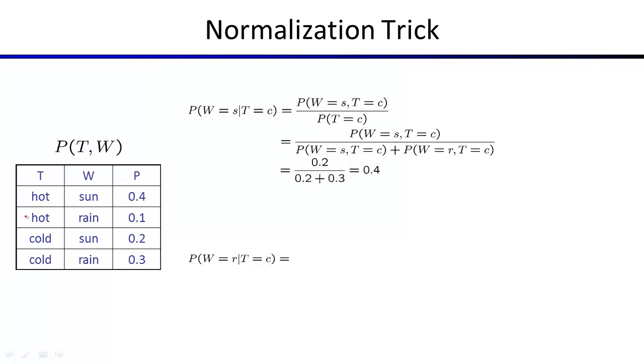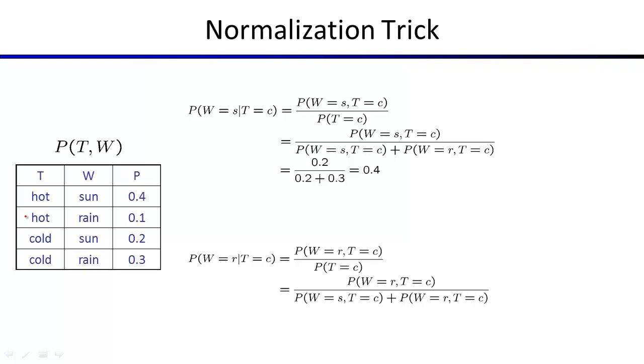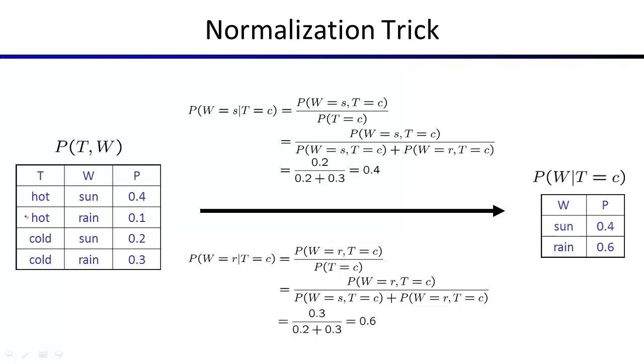Again, we know how to compute this. This is exactly the set of equations we've used before. Use the definition of conditional probability, then fill in the probabilities of these events, compute that ratio. That's our conditional probability, and we can put that in the table. Nothing wrong with that. The only thing we're going to do now is look at a way to speed it up, to get the same result a little more conveniently.